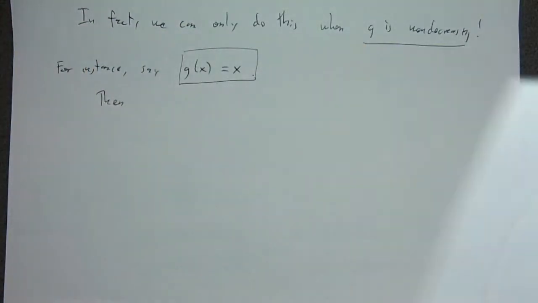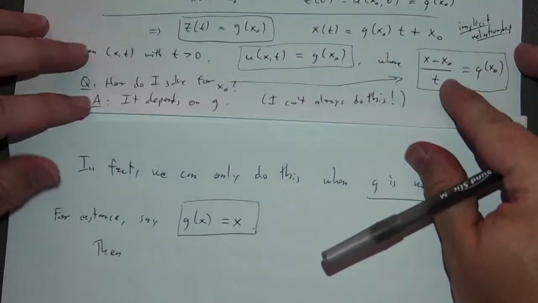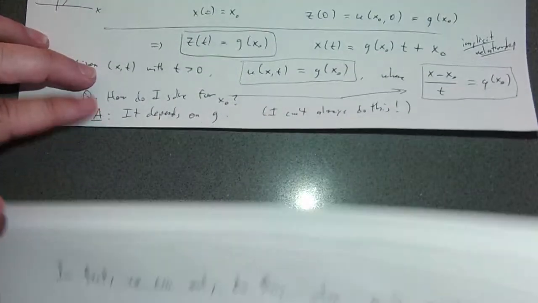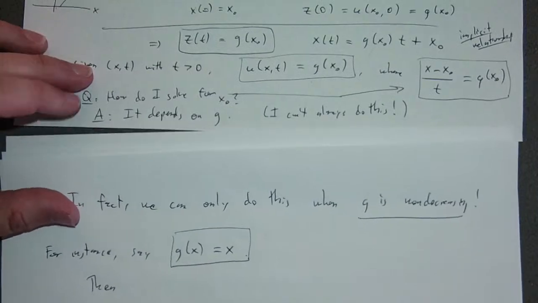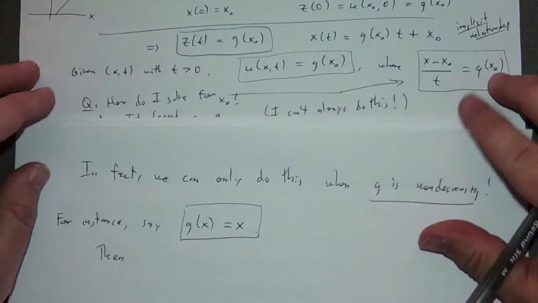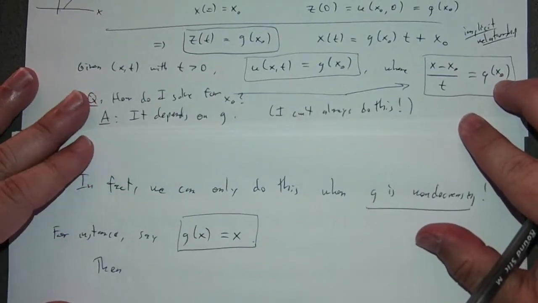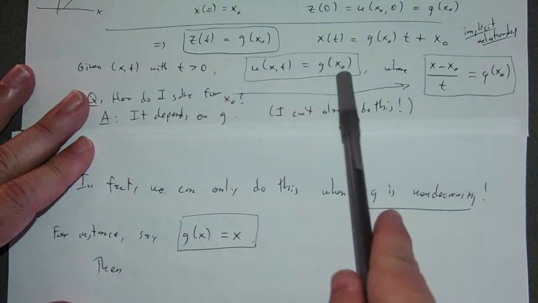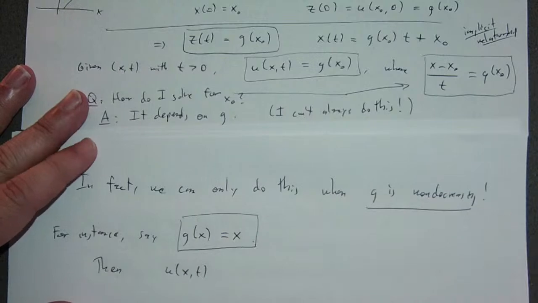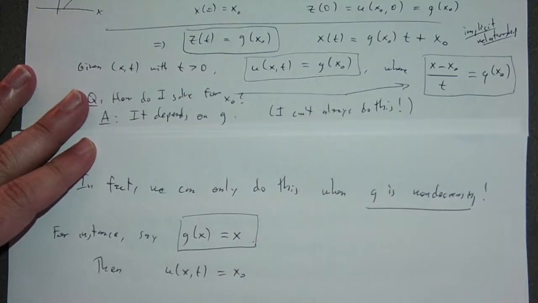Then, according to this, let's flash this back, or here, maybe I'll just move it down. It's curling up a little bit. Oh, okay. Here we go. All right. So if g of x is equal to x, then u of x of t is equal to x naught, right?